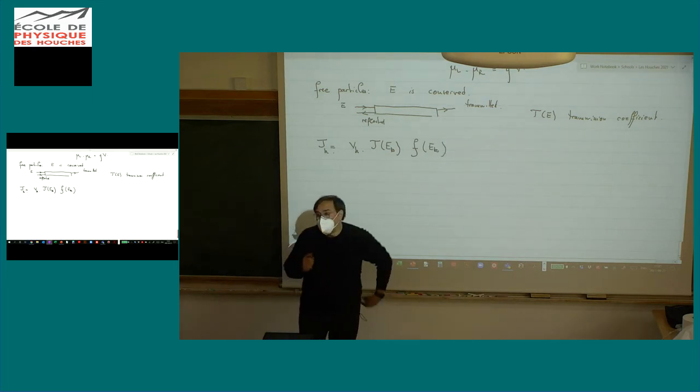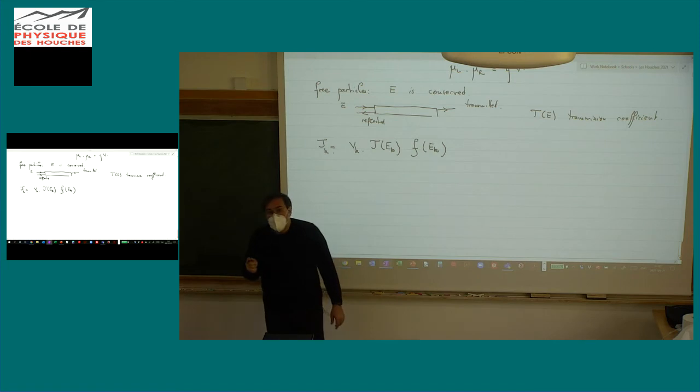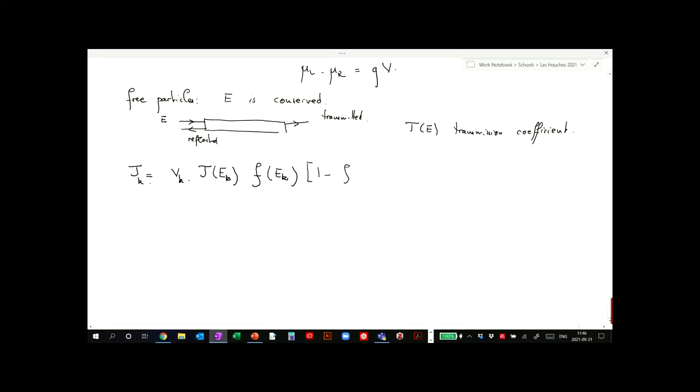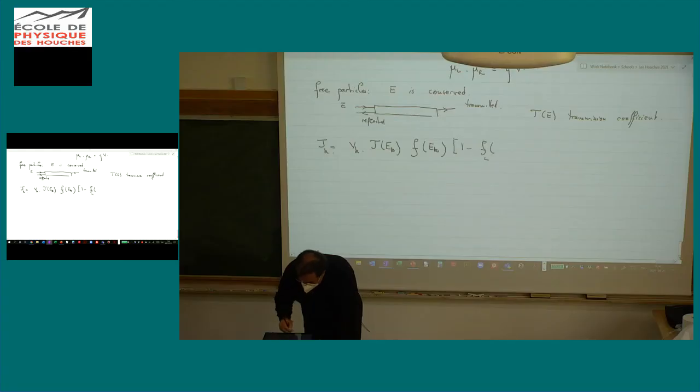And I have another constraint. If these are fermions, I need to go to a state which is empty. Otherwise, the Pauli principle blocks me, and I cannot go inside the reservoir. So I have to multiply by 1 minus F right. So this is F left here, and this is F right of epsilon k. So this is the current that will go from the left reservoir to the right reservoir.